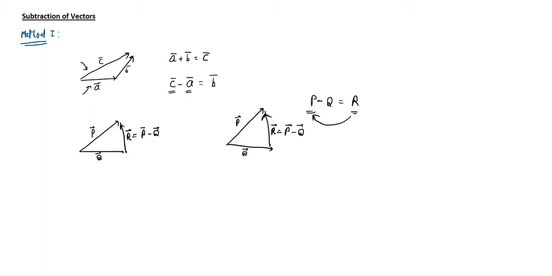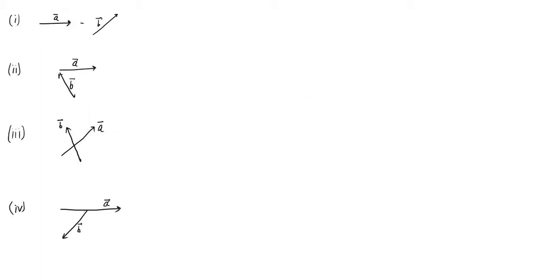Now let us try to solve some problems based on subtraction of vectors. In all these problems, we need to find vector A minus vector B. We already know that we can parallelly shift two vectors. So in the first case, let us say this is vector A, and we can shift vector B over here.